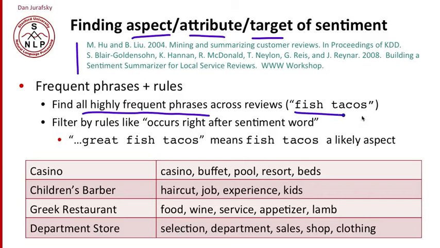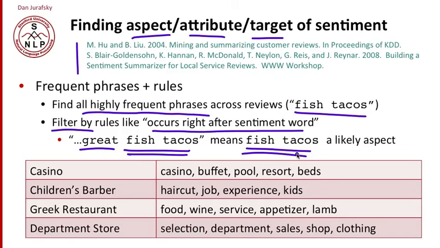So let's say that the phrase fish tacos occurs a lot in the reviews of this restaurant. And then we have filters that say we prefer highly frequent phrases if they occur right after a sentiment word. So maybe we very often see the phrase great followed by fish tacos, or terrible followed by fish tacos. That suggests that fish tacos is a likely aspect of, let's say, a taqueria.